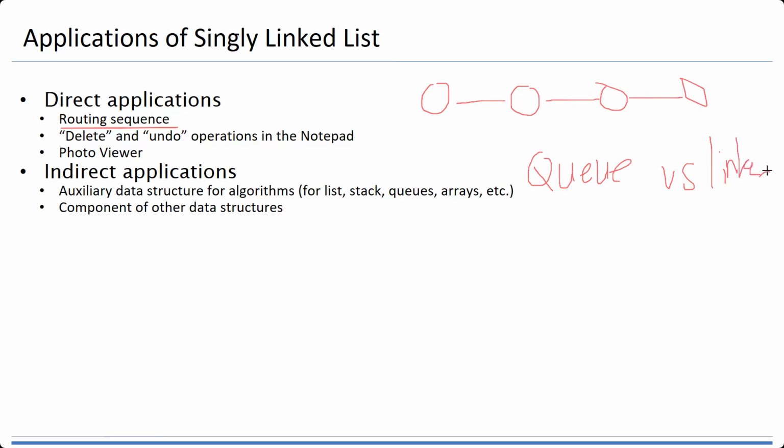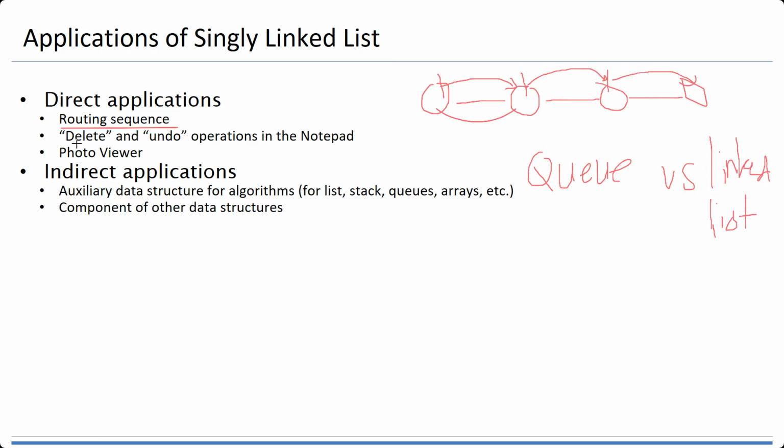What is the difference? In this case, we want to see the relationship between one node and the other node. There is a connection between one node and the other node.